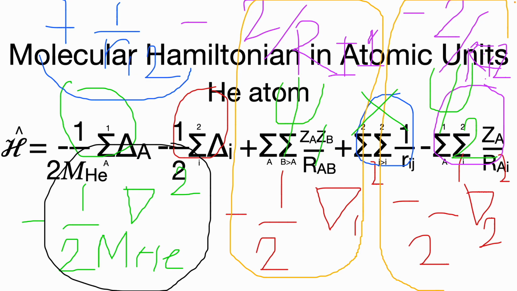So, the helium atom is a nice segue to perturbation theory, because what it essentially does is to break the Hamiltonian into two parts.